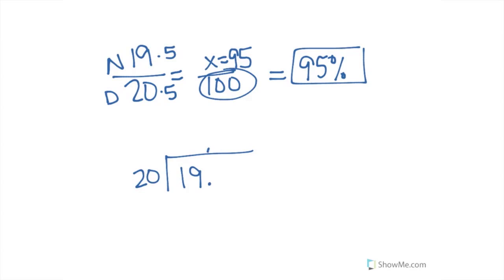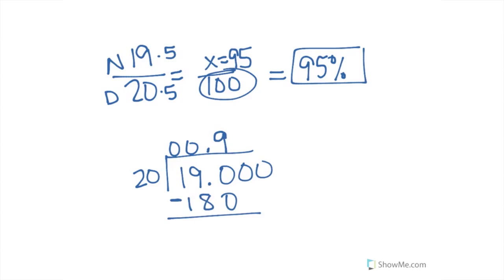Denominator on the outside. 20 can go into 1, 0 times. 20 can go into 19, 0 times. 20 can go into 190, 9 times. So I'm going to subtract, bring down the 0, and 20 can go into 100, 5 times. The extra zeros we don't need.